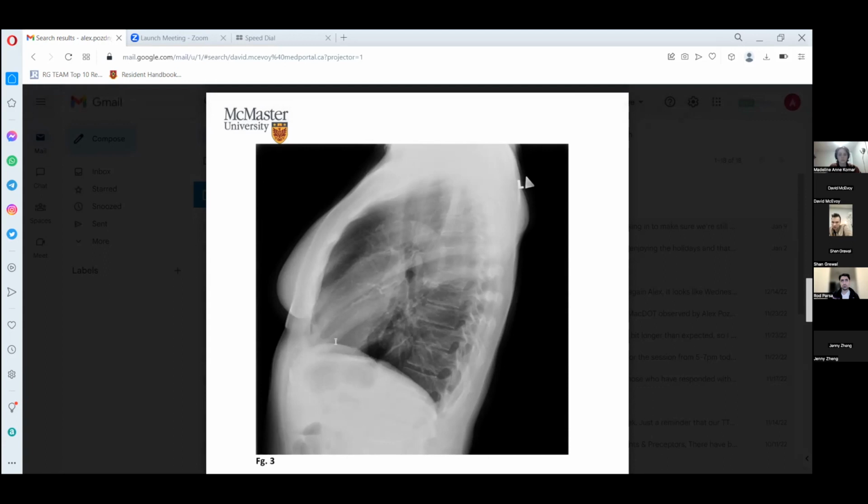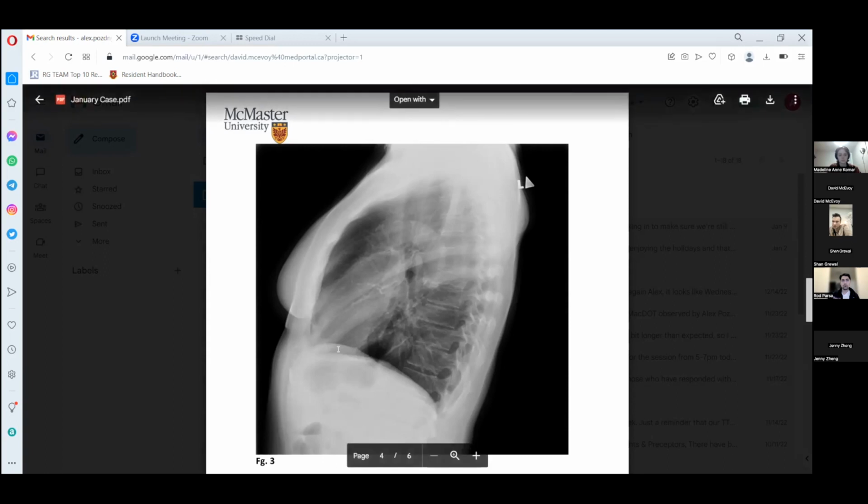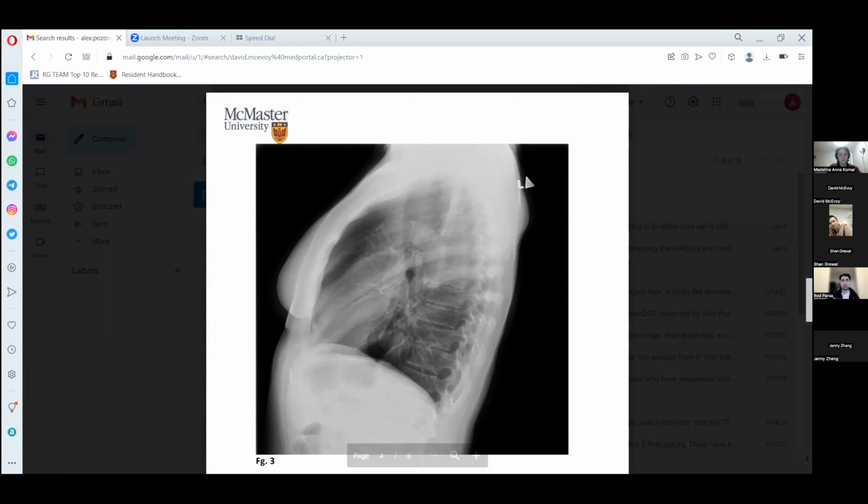It overlays the heart, and this is probably the right hemidiaphragm. This part is really good for spotting trace pleural effusions, which can layer in the cardiophrenic angles.